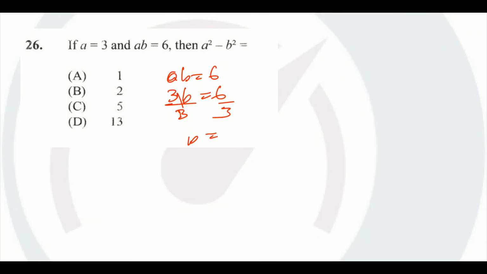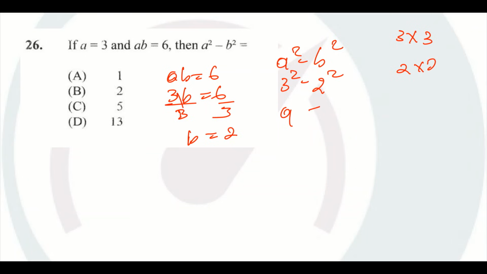So B is equal to 2. So we know B is 2 and A is 3. So now we have A squared minus B squared is equal to 3 squared minus 2 squared. So 3 squared is 3 times 3, 9. And 2 squared is 2 times 2, which is equal to 4. So therefore 9 minus 4 gives us 5, so our answer is C.